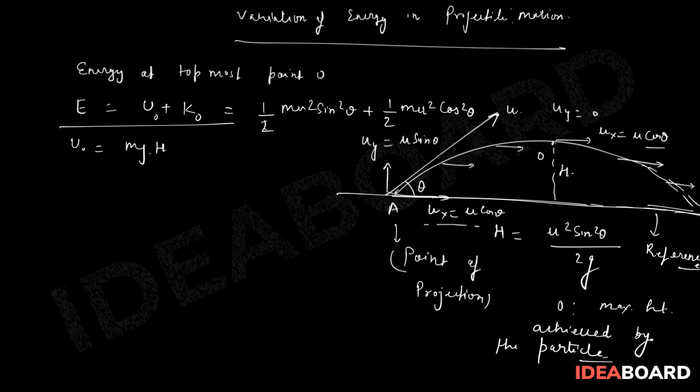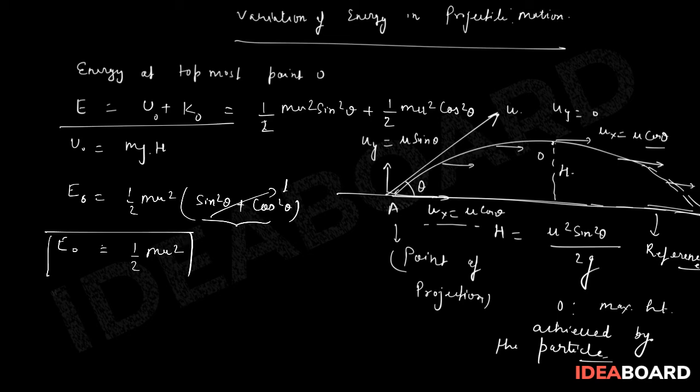So we can also calculate that E at O will become half m u square, taken common. This is sine square theta plus cos square theta, and in trigonometry we know that this value is simply 1. That means this is half m u square.